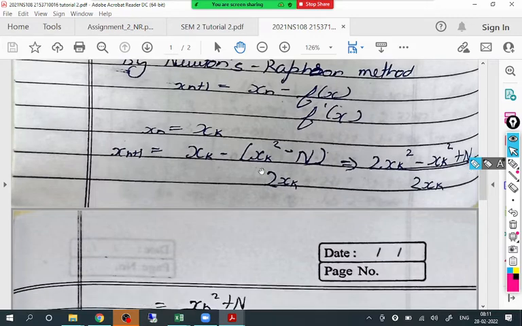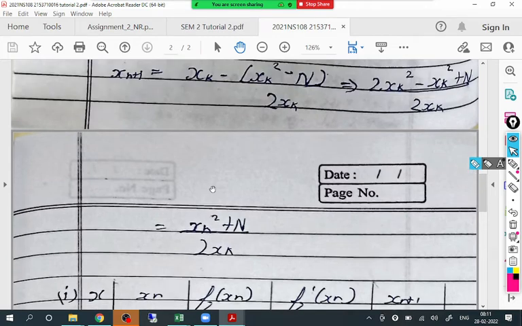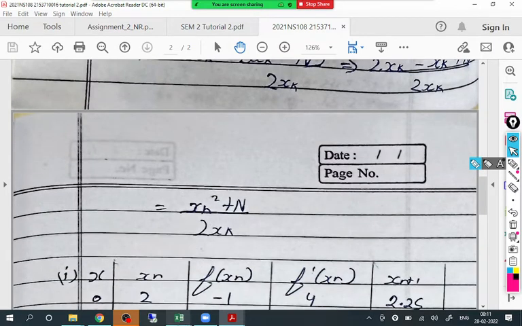You can keep this as the iteration formula, or you can write the simplified iteration formula. The simplification simply means separating the division. I think it is x(k) square plus capital N upon 2x(k). So that is the iteration formula.